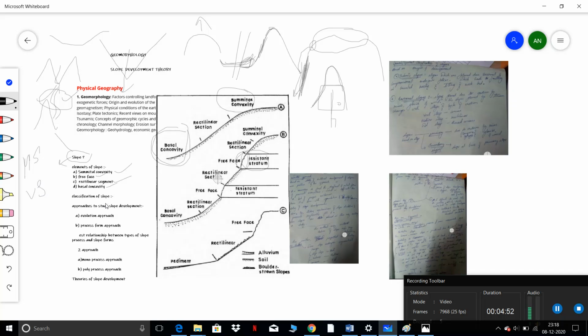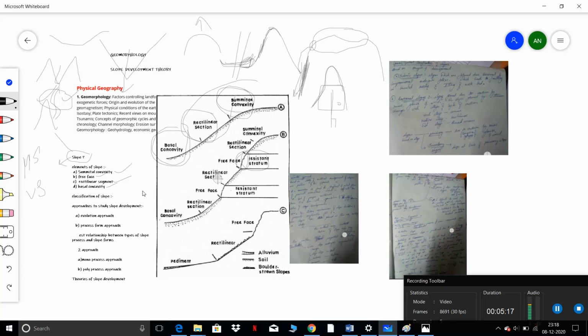Now, depending upon the slope segments, we can classify the hill slope profile. We know that a particular hill slope can't be made of one segment. A hill slope can't have only summital convexity or only a rectilinear section, so it should have a combination of at least two.